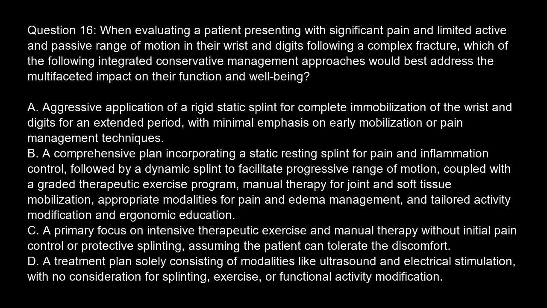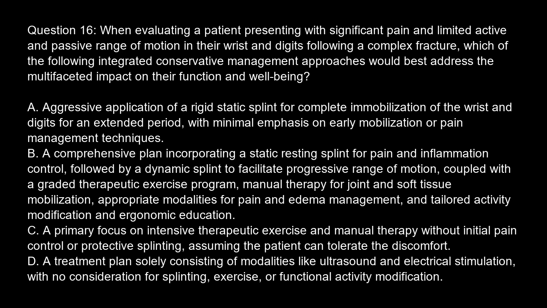Option B. A comprehensive plan incorporating a static resting splint for pain and inflammation control, followed by a dynamic splint to facilitate progressive range of motion, coupled with a graded therapeutic exercise program, manual therapy for joint and soft tissue mobilization, appropriate modalities for pain and edema management, and tailored activity modification and ergonomic education.